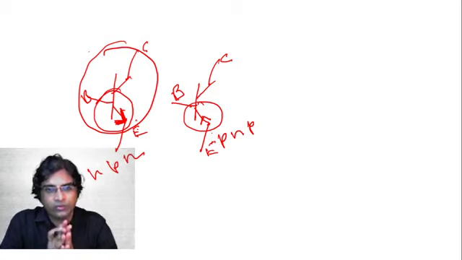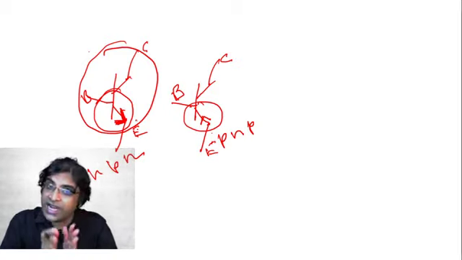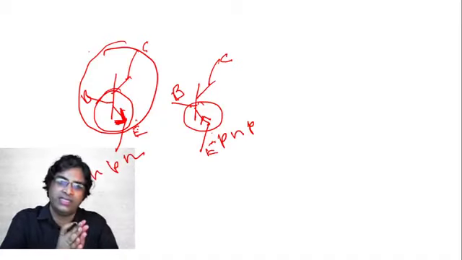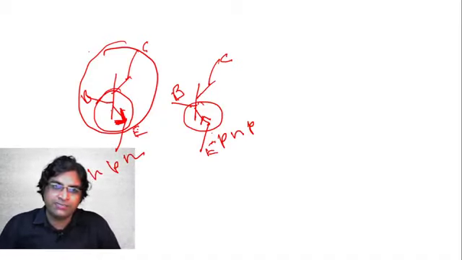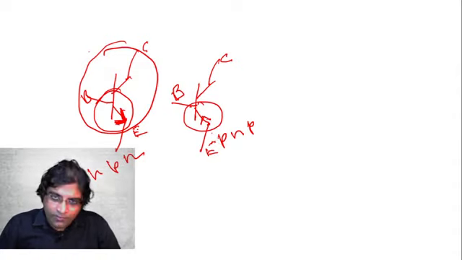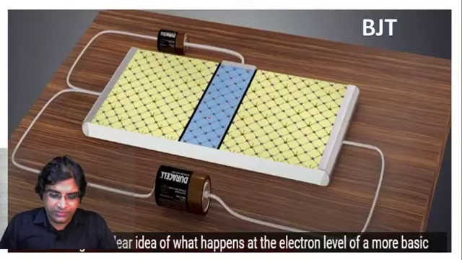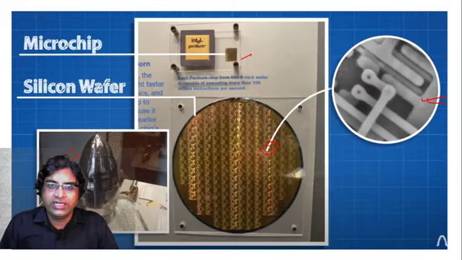In one, the base is P and the emitter is N, so the arrow points to the emitter. And here the emitter is P and the base is N, so from P to N the arrow is on this side. So this is the concept of the transistors and how to develop the transistor.